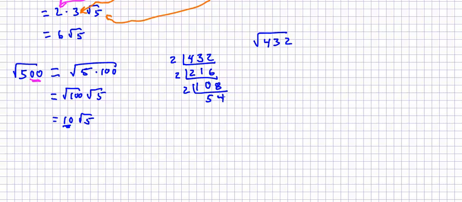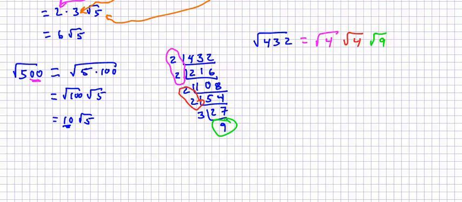Be careful with your division. 2 goes in there 27. 3 goes into there 9, and 9 is a perfect square. So I'm going to stop. So we have square root of 4, because 2 times 2 is 4. We have another square root of 4, because 2 times 2 is 4. And we have the square root of 9, because that's a perfect square.